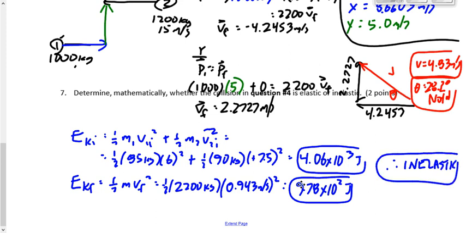All right? Again, I told you that you should expect to see on your unit test and probably your diploma exam at least one question on elastic and inelastic collisions. The one question that we can be almost assured of getting on tests and on diploma exams is the question that basically asks you for the difference between elastic and inelastic collisions.